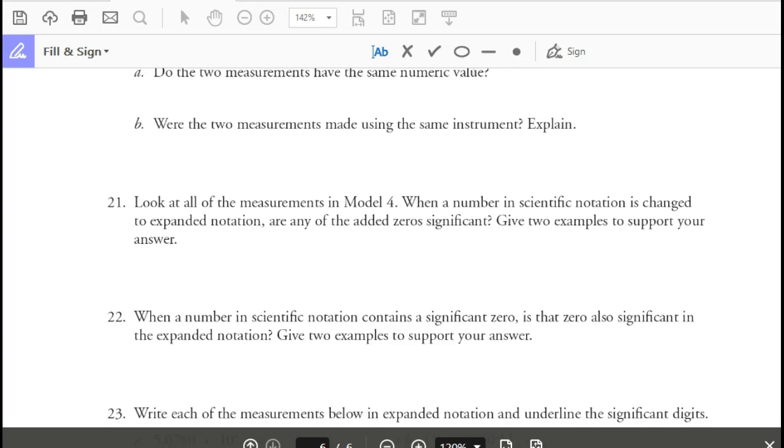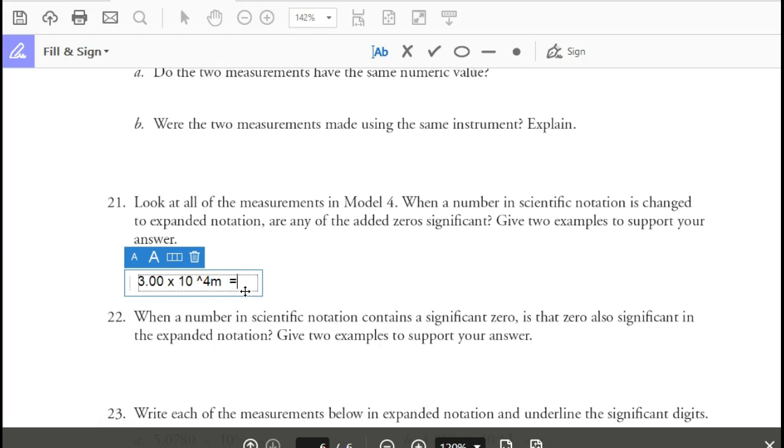It says, look at the measurements in Model 4. When a number is in scientific notation, it is changed to expanded notation. Are there any added zeros? Are any of the added zeros significant? Give 2 examples to support your answer. Let's see. Let's use the same one, 3.00 times 10 to the 4th power meters.